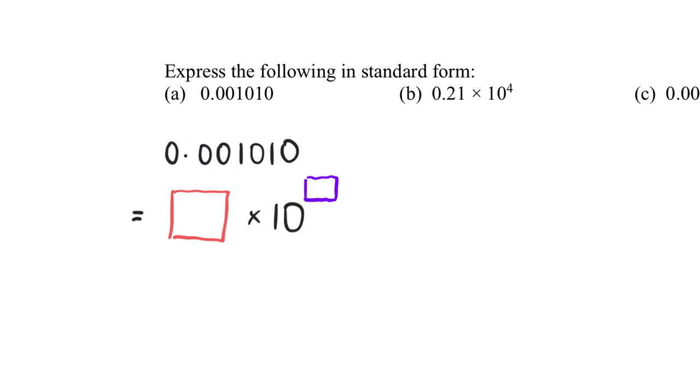Let's see what number it could be. I could use 101 and write it as 1.01 times 10 to the power of -3. And this will be the standard form for part A.